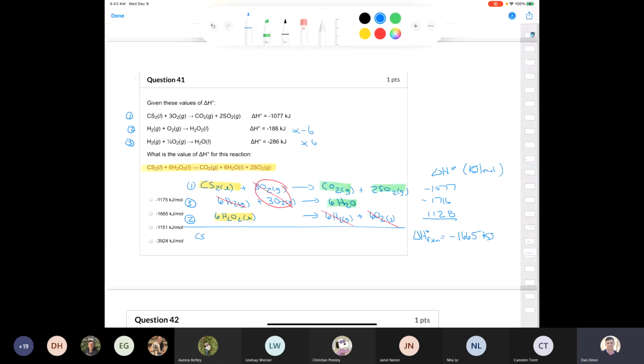So carbon disulfide, I just want to double check it here, plus 6 moles of H2O2 gives you carbon dioxide, yes, plus 6 moles of water, states of matter, 2 moles of sulfur dioxide. Yep, looks good to me. There we go. So that means our delta H of reaction is negative 1665, and there you have it.